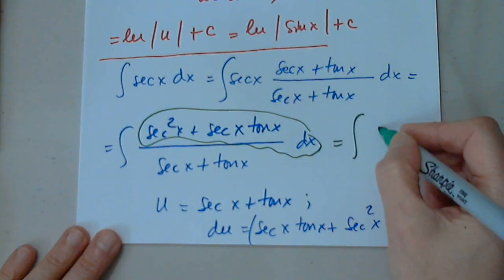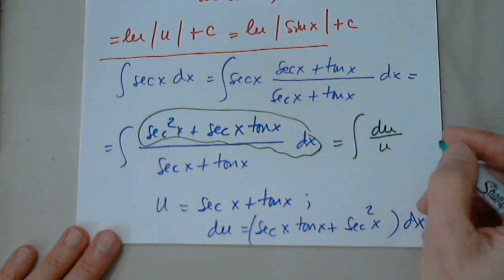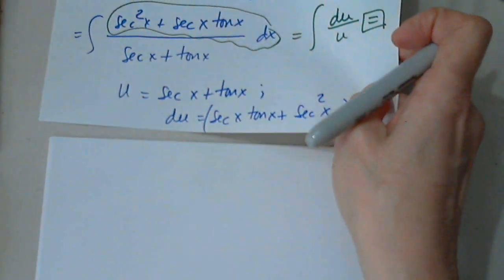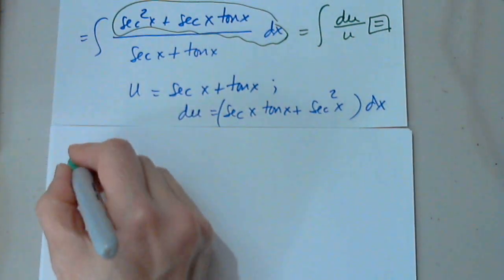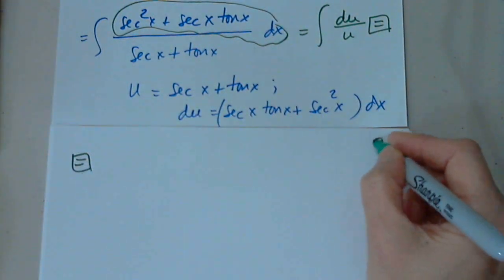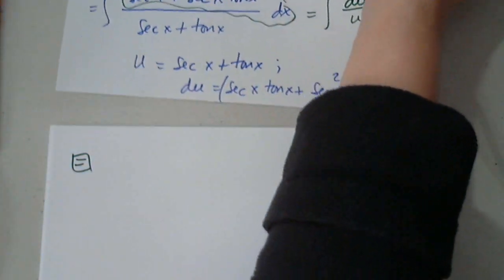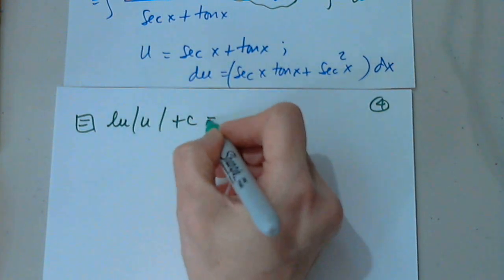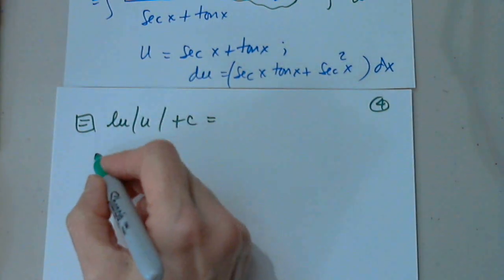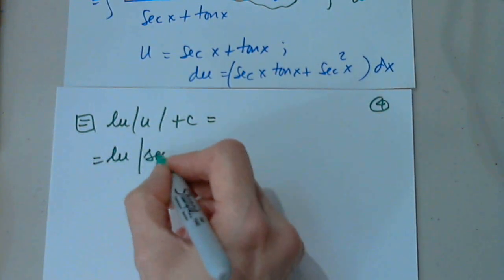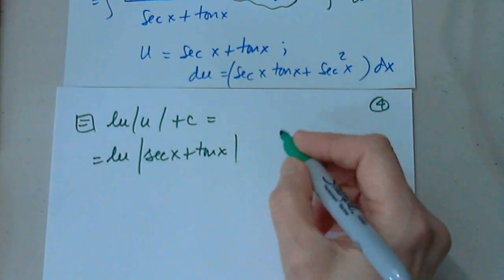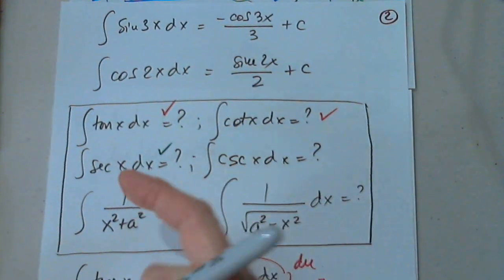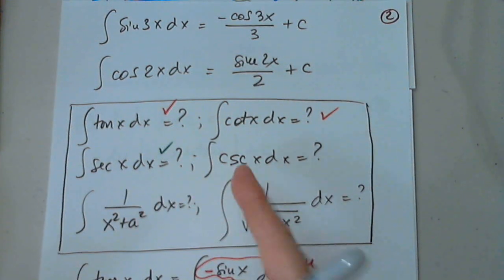So then I have the integral of du over u. I squared it, put it in a little box, so you know it continues here, jumping over all this. Okay, so then we have natural log of the absolute value of u plus a constant c, but u is all this. So this is natural log of secant x plus tangent x plus a constant c, which tells us that we already have secant x. We're moving on to cosecant.